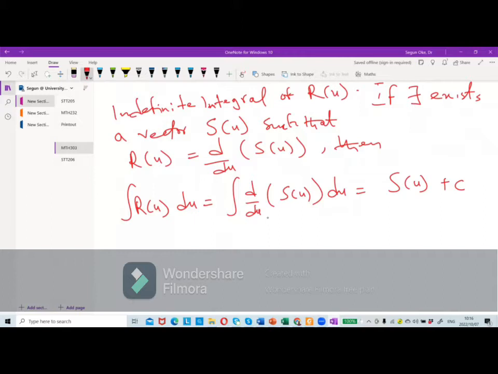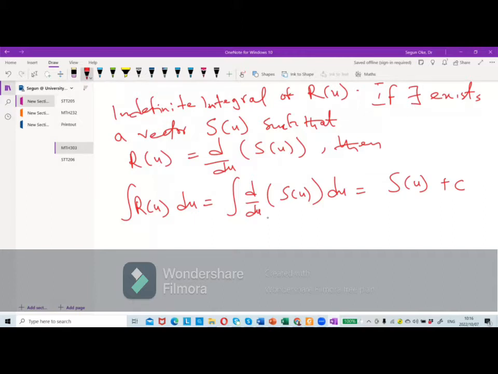You remember when you integrate the differential of s of u, you have to add the constant, where c is your arbitrary constant vector independent of u. Don't forget, it's independent of u.